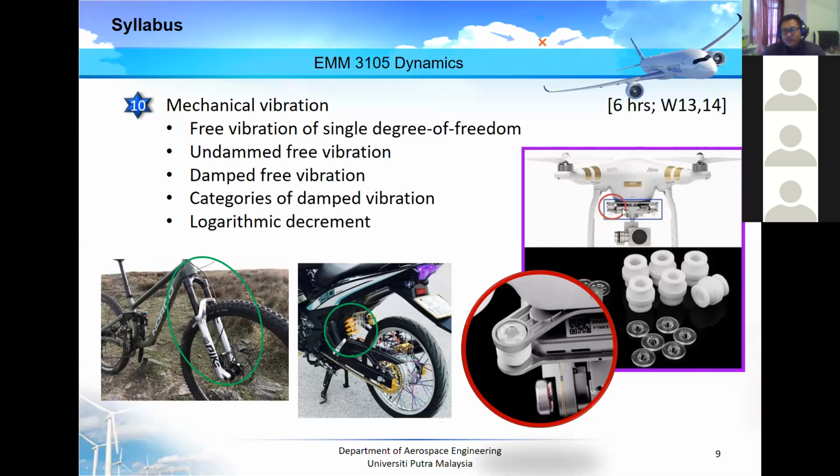So to minimize that motion, these rubbery parts here will be installed, so that vibration due to the unwanted, high frequency motion can be absorbed.